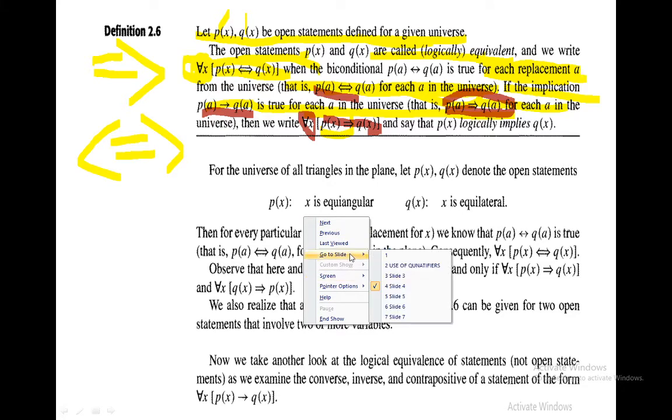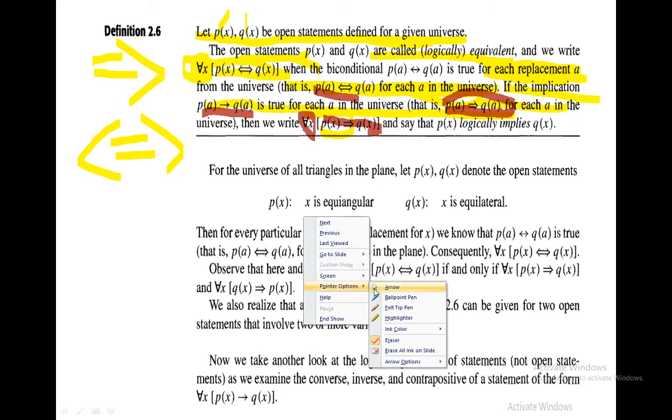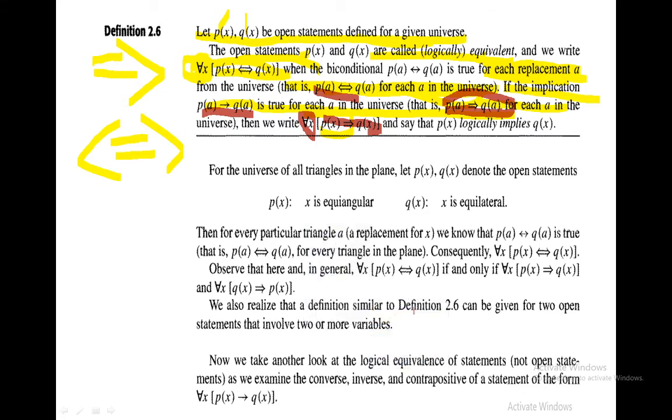Let us see the example. For the universe of all triangles in the plane, let p of x and q of x denote open statements: x is equiangular and x is equilateral. So p of x is equiangular and q of x is equilateral.